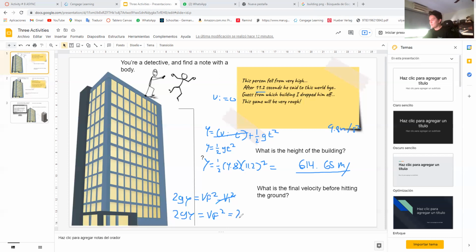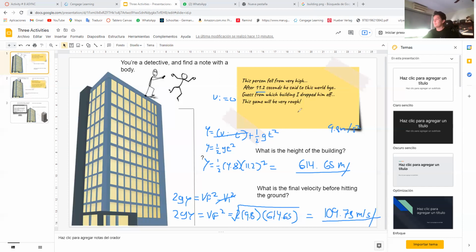We replace it by putting 2 times 9.8, which is g, times the height of the building, which is 614.65 meters. And we don't forget to take the square root of this operation. We input this in our calculators, and we get that the final velocity before hitting the ground was 609.75 meters per second.